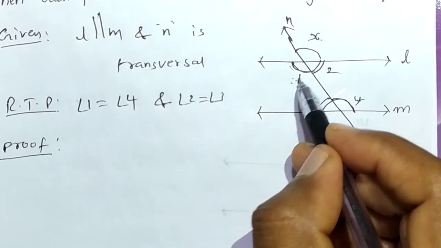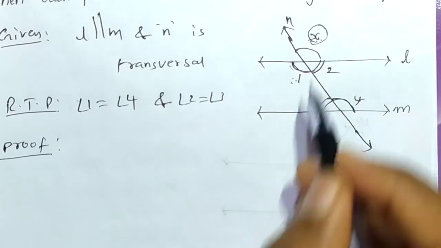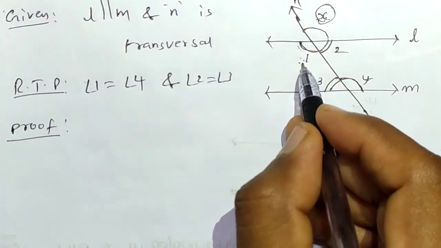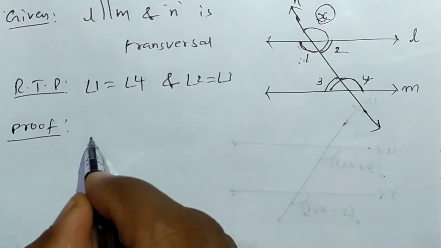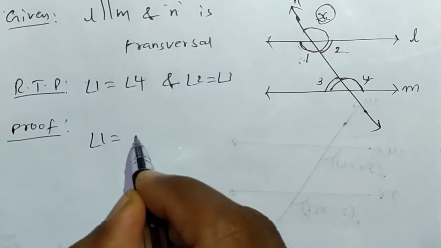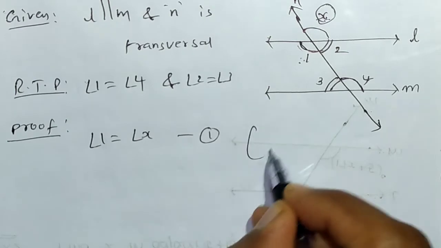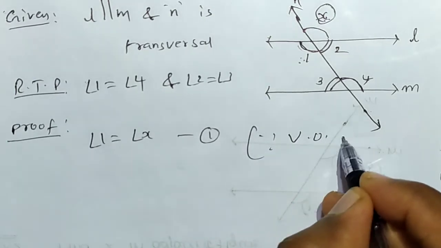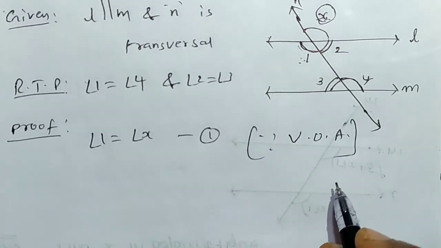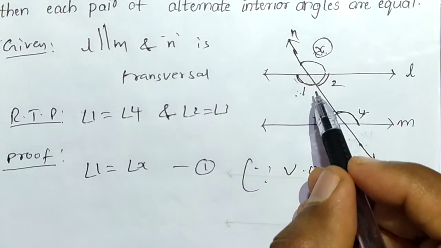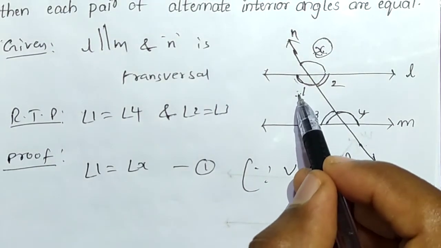Its vertically opposite angle, say x. Angle 1 is equal to angle x. Why? Say equation 1. Why? Vertically opposite angles are equal. So the vertically opposite angle of 1 is x, right?